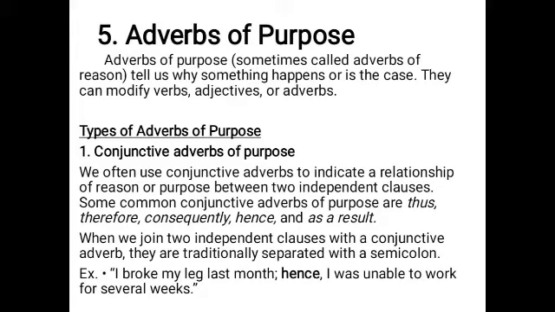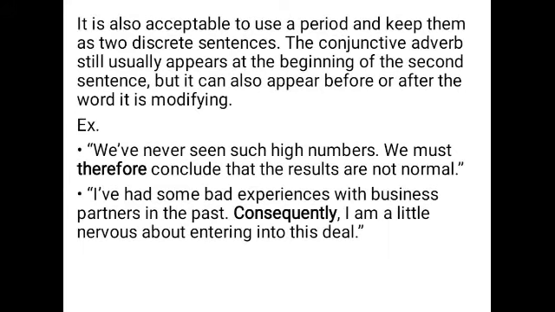For example, I broke my leg last month; hence, I was unable to work for several weeks. So without the adverb hence, there will be two independent clauses. But with the use of the adverb hence, the two independent clauses become one sentence.